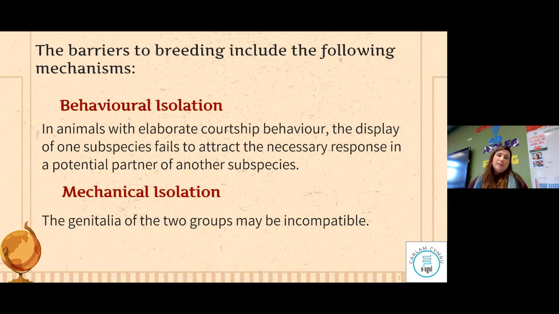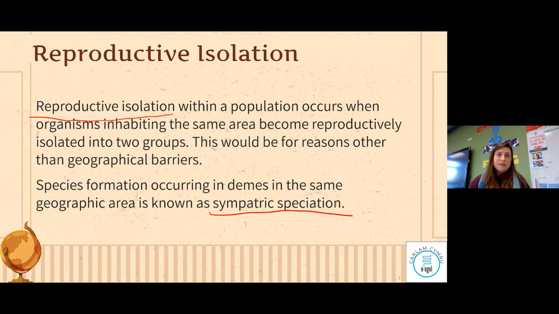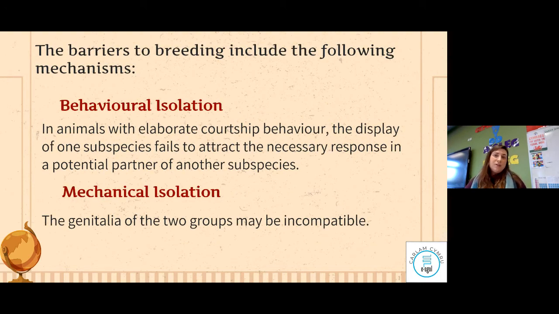The barriers to breeding, these reproductive isolation barriers, can be due to the following mechanisms. One is behavioral isolation. In animals with elaborate courtship behavior, the display of one subspecies fails to attract the necessary response in a potential partner of another subspecies.